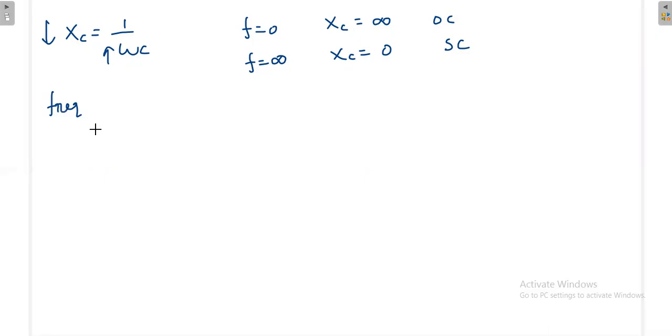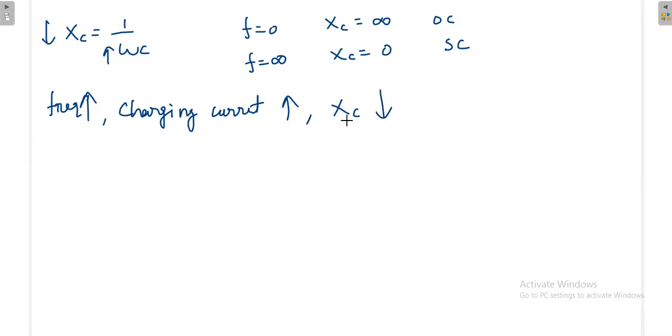If it has to be charged very quickly, then the charging current has to be high. So the charging current will increase, and if the charging current increases, Xc has to decrease, the opposition given by the capacitor has to decrease. That's why when you increase the frequency, the reactance will decrease.